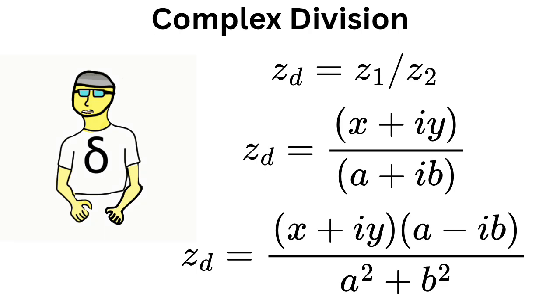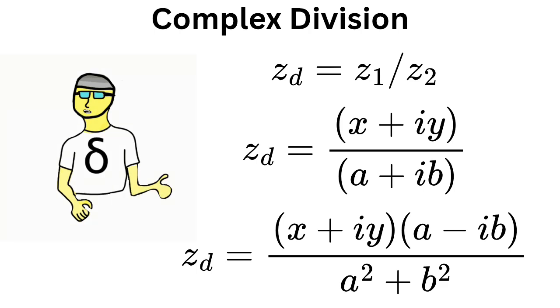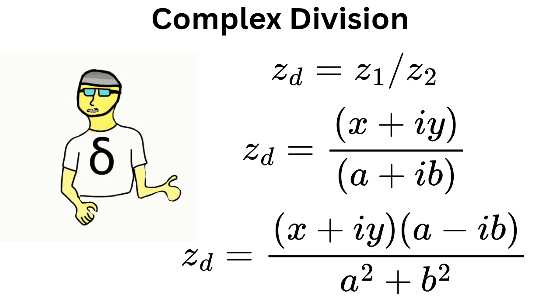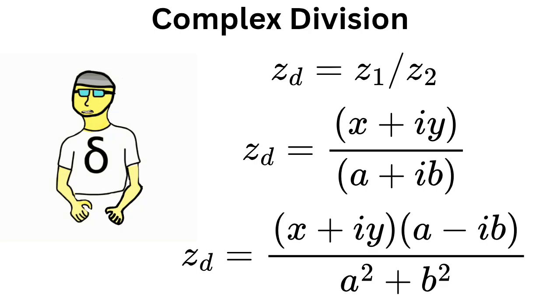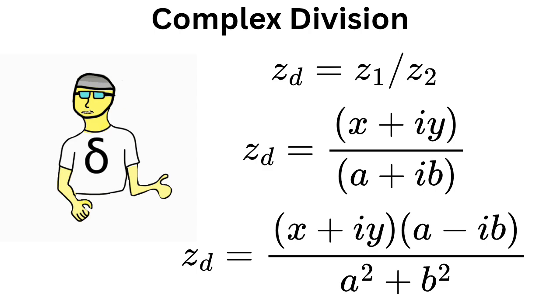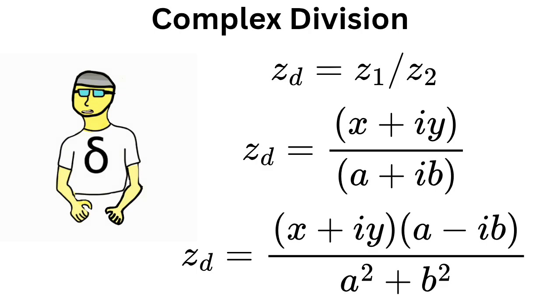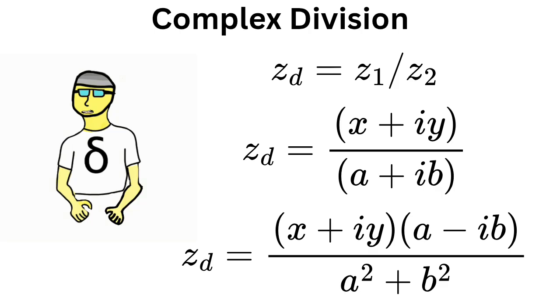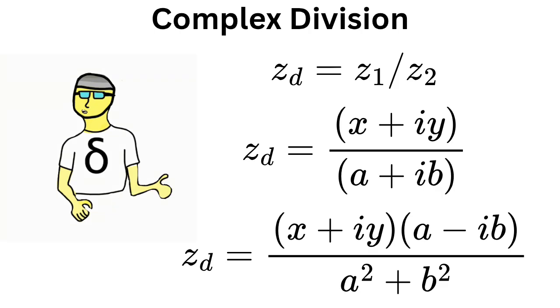Now let's move on to the division of complex numbers. Well, the division of complex numbers is a bit more involved than the multiplication or addition and subtraction of complex numbers. So now let's consider z = z1/z2, or z = (x + iy)/(a + ib).